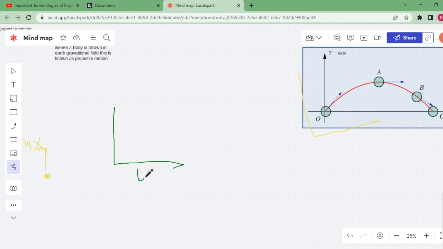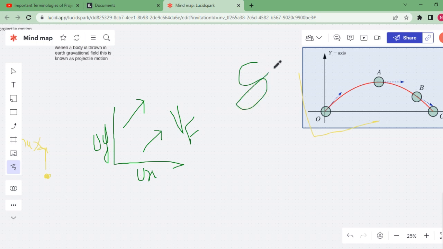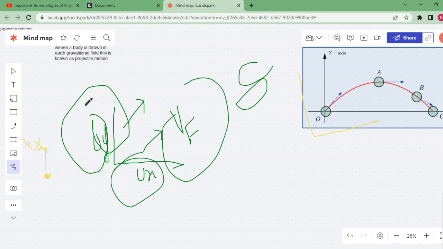Two components, ux and uy. Each axis is independent. The uy axis is independent, ux is independent, right? For finding vf and for finding the distance, for distance we can use ux, for vf we can use uy. So each axis is independent of the other and does not depend upon the other.